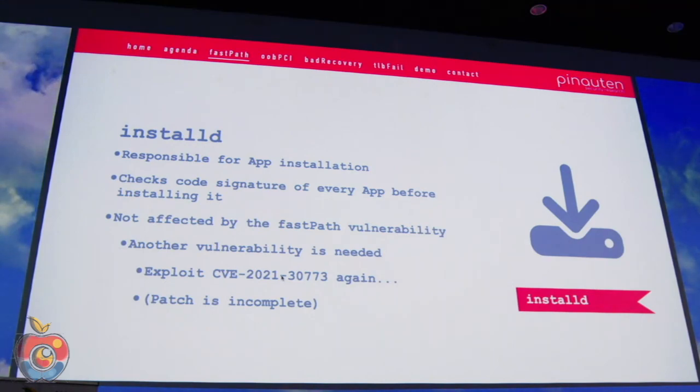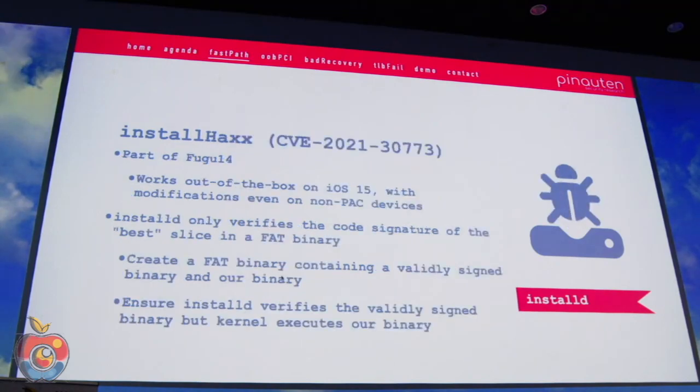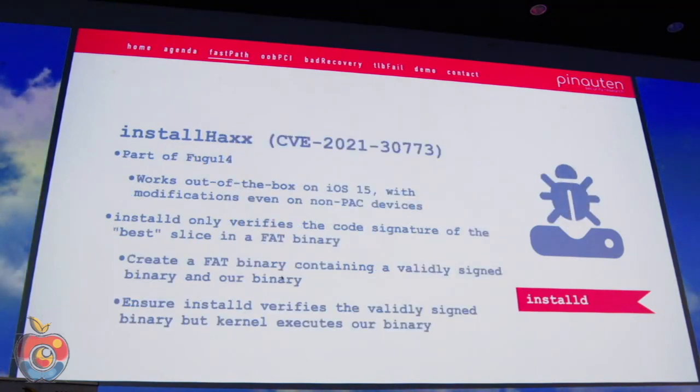And the patch for this vulnerability is actually incomplete. So the thing is, it works out of the box on iOS 15. Let me first explain how the vulnerability works. It works by creating a FAT file, which contains 2 executables. The first one is an executable with a normal code signature, which the device will accept.